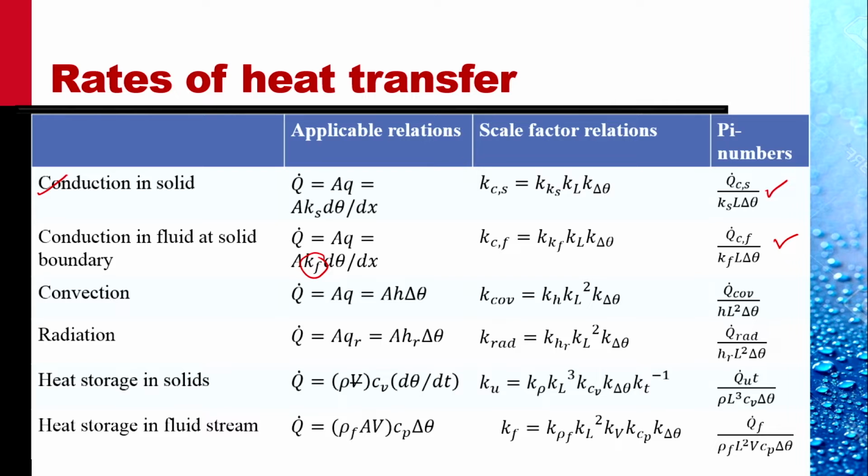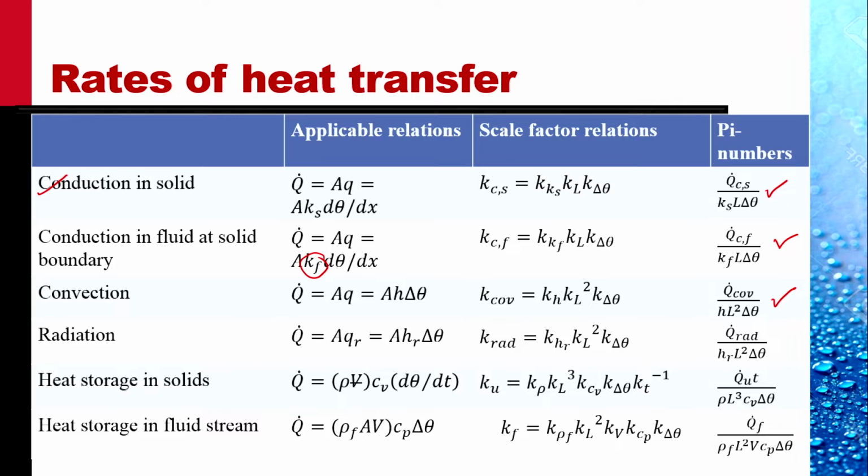The law governing convection is Newton's law of cooling. Q dot is area times h times delta theta, where h is the heat transfer coefficient. Delta theta is the temperature difference between the fluid and the solid boundary. So K of convection is K_h, K_L squared, K_Δθ, and this is the relevant pi number.